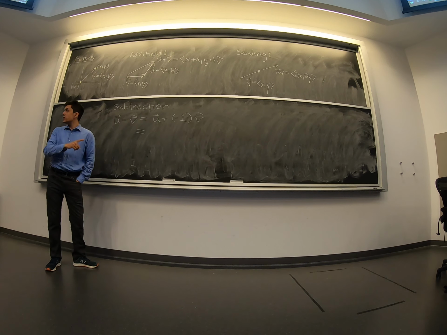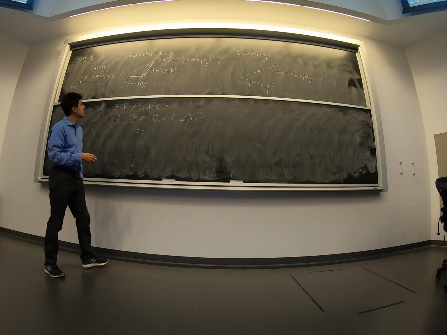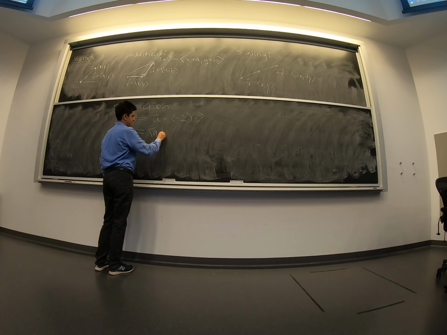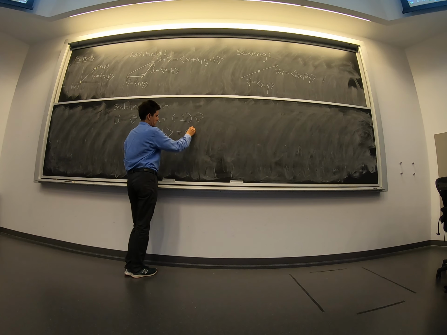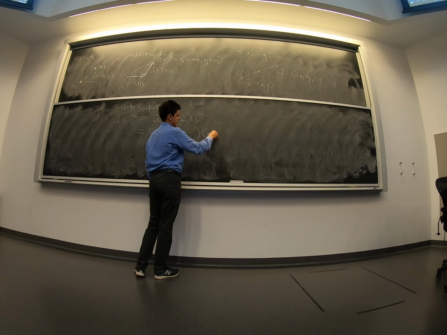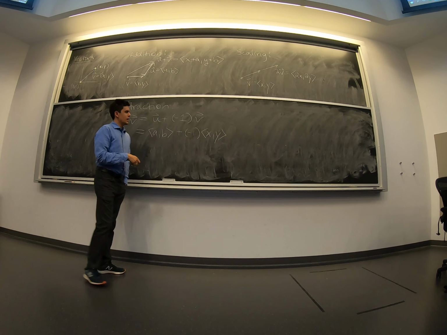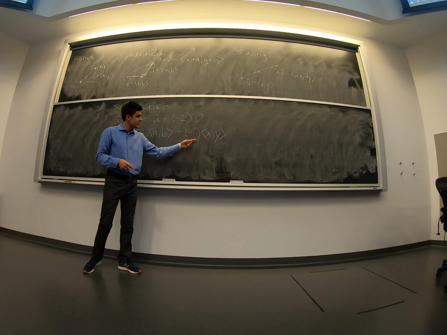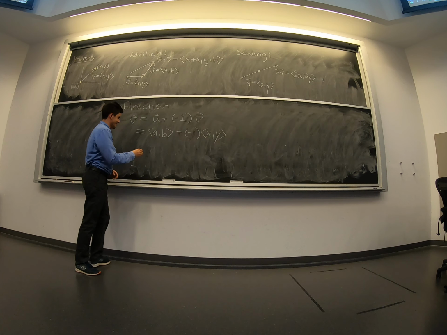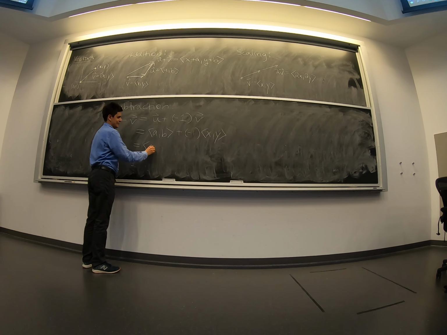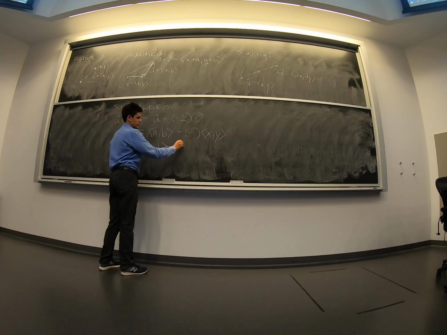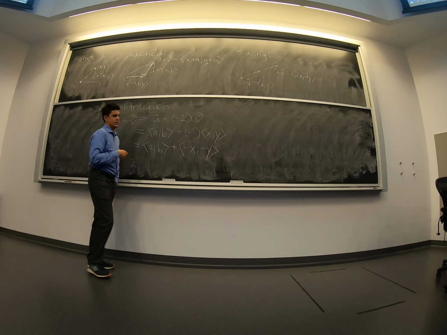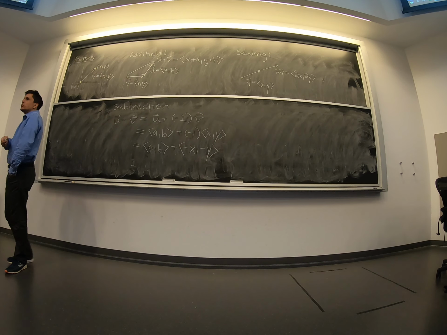So using the same notation that we had up top, this is following down. Now we multiply in the negative 1. And we can combine them in the usual way.